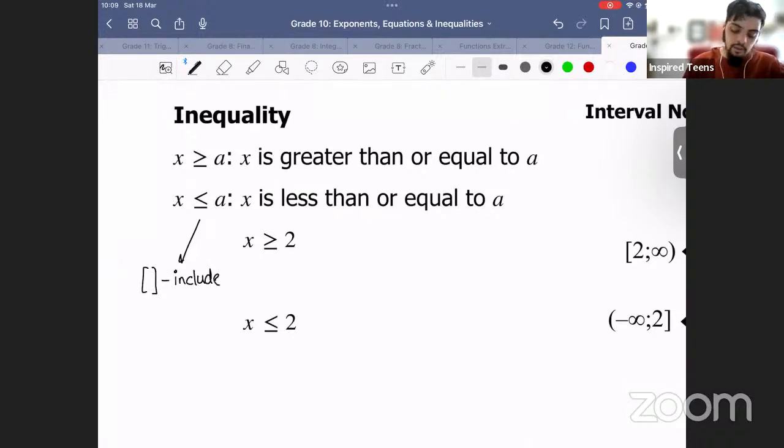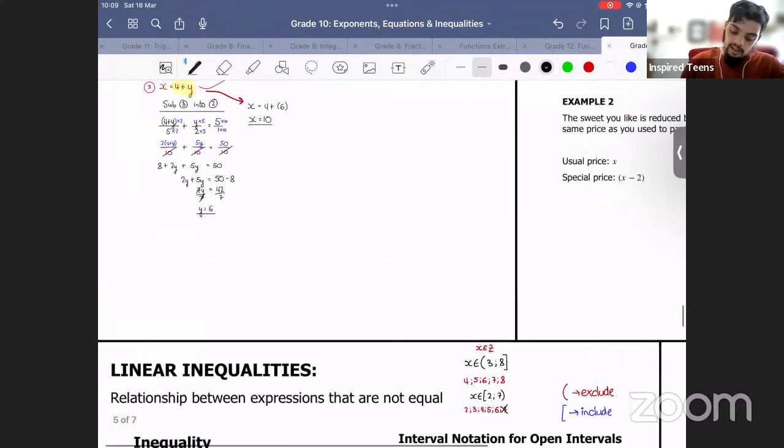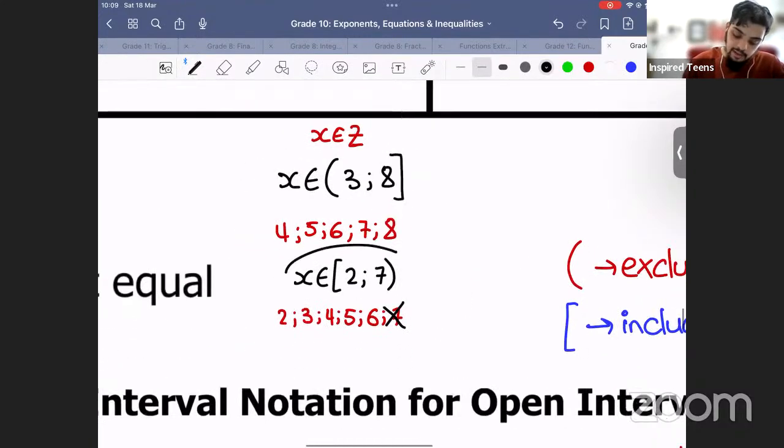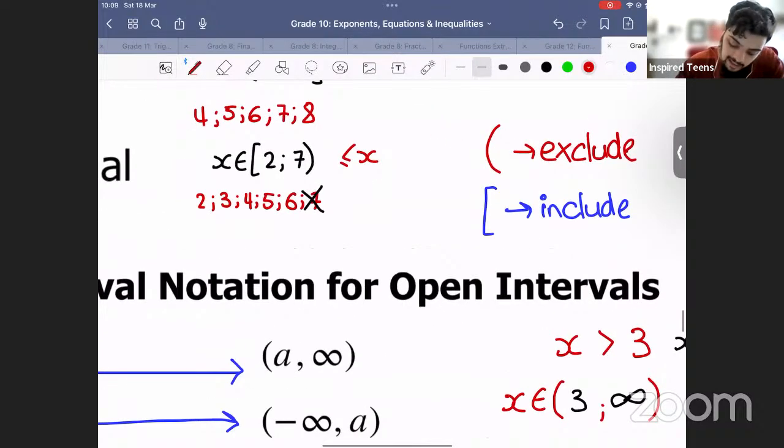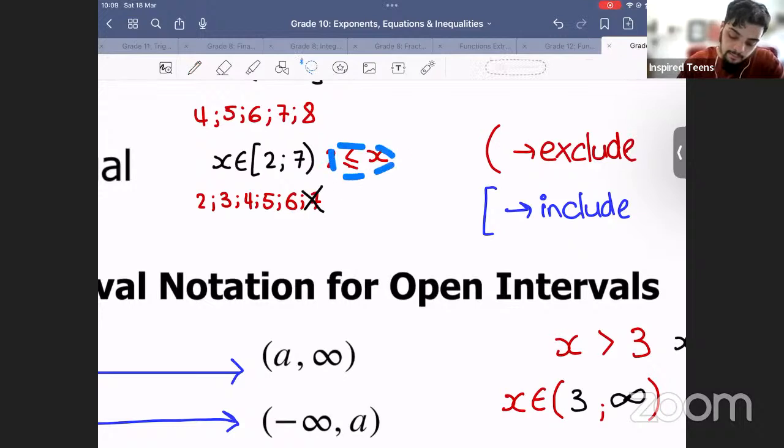It makes sense because if we had to describe this in terms of an inequality, we would say x is greater than 2, but it could be equal to 2 because of the include. Can you see how the pointy side is away from x? So it means x is greater than whatever I'm going to write on the left. x is greater than or equal to 2, right?